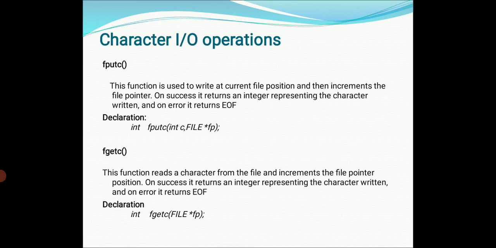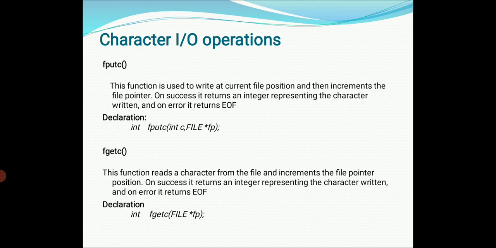Fputc is a function used to write at the current file position and then increment the file pointer. On success, it returns an integer representing the character written, and on error, it returns the end of file. Here is the declaration: int fputc, opening bracket, int c comma FILE star fp. It's a pointer, then closing the bracket.